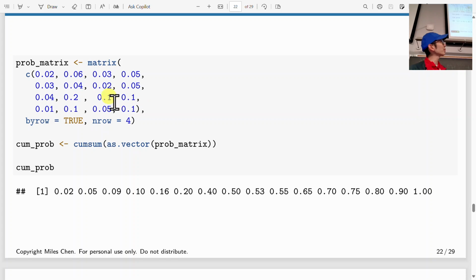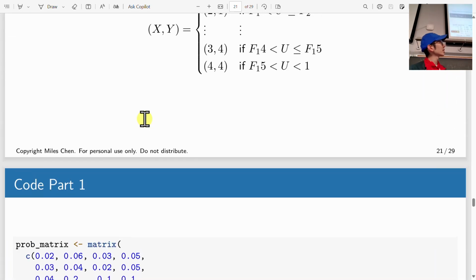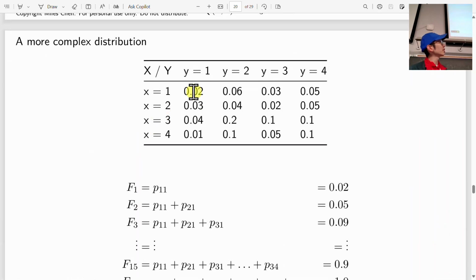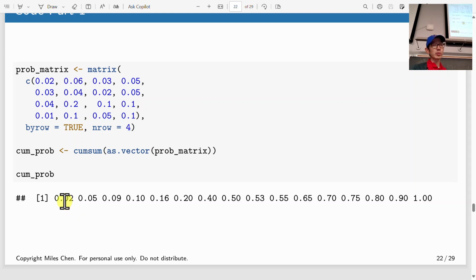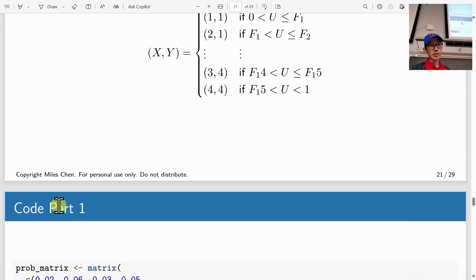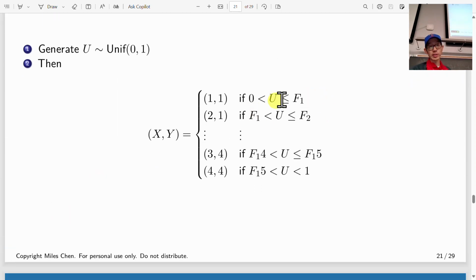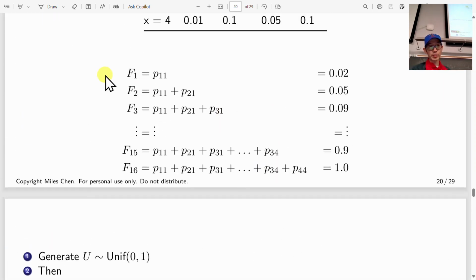This is my 4x4 matrix that corresponds to all of this: 0.02, 0.03, 0.04, 0.01. Then we'll make a vector of cumulative probabilities, which is basically all of these F1, F2, F3, up through F16.